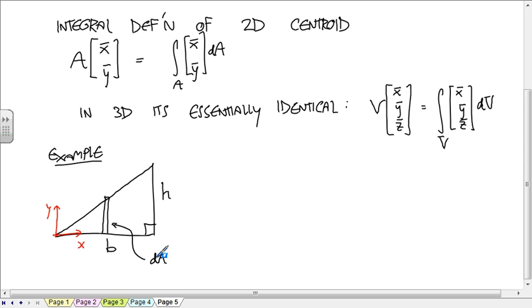What do we know about this area increment dA? Let's think about what we need for each increment.